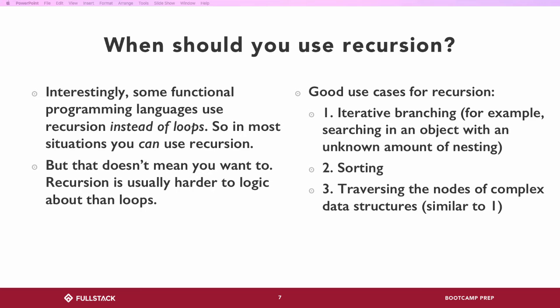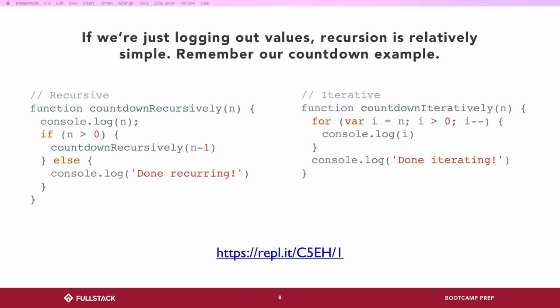So as you saw probably in your examples today, logging something out, making the countdown recursion example, that was pretty straightforward because you're just console logging out the number.